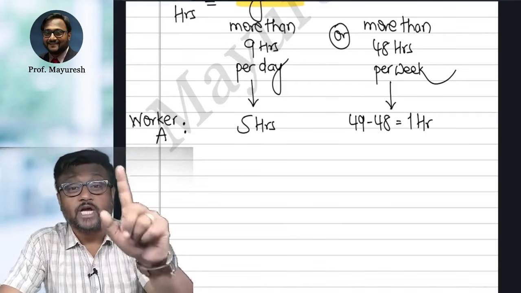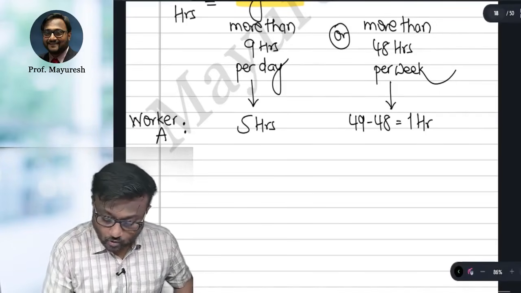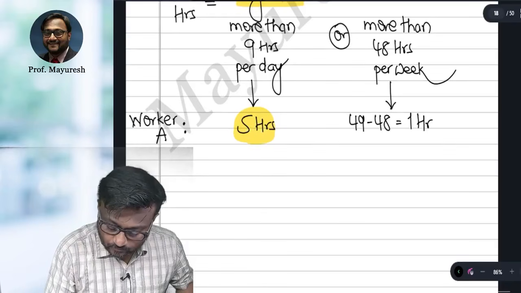On the basis of 48 hours per week, you have only 1 hour overtime. So naturally, your overtime will be considered to be 5 hours.